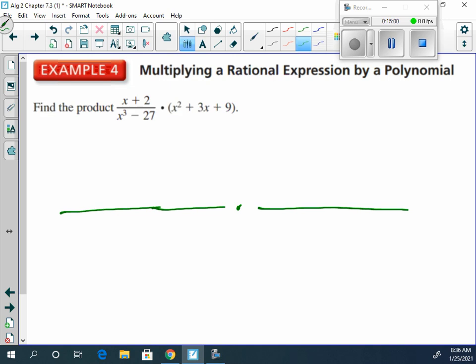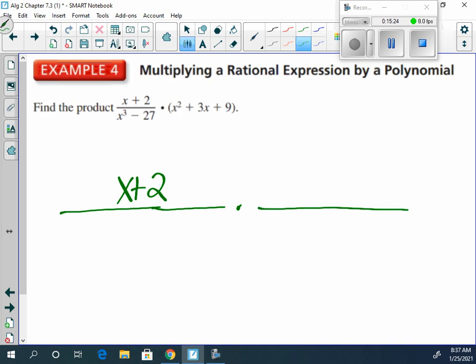But I notice x cubed minus 27 is what? A difference of perfect cubes. So I'm going to need some space. So we have top and bottom. Well, x plus 2, we can't really do anything to, correct? So we can factor x cubed minus 27. We'll do that in a minute. But wait a minute.